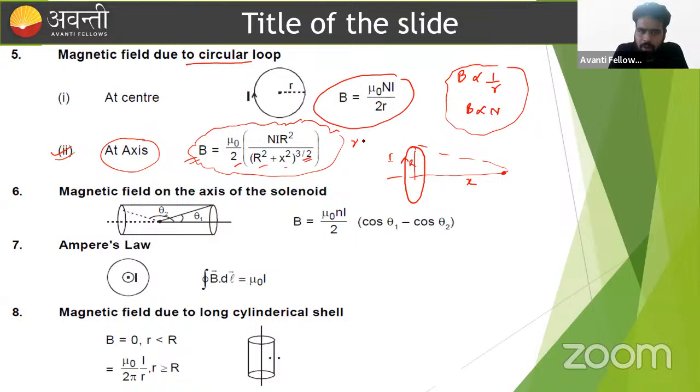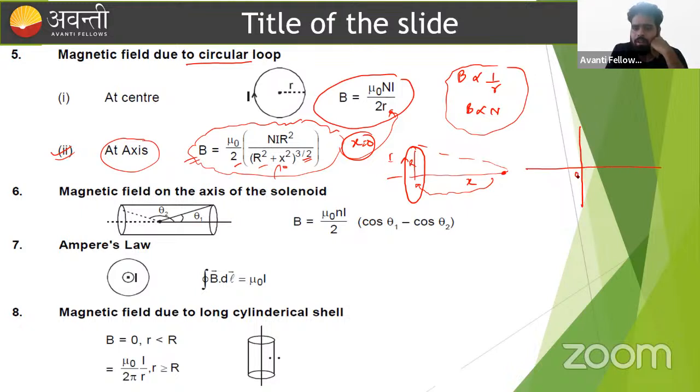If we put x equal to 0 here, we will reach the center, and we will get this formula. So we can remember this formula also. And in this formula, beta, what is the variation of magnetic field for the coil? We have to see the graph also, beta. Yes, Anu.